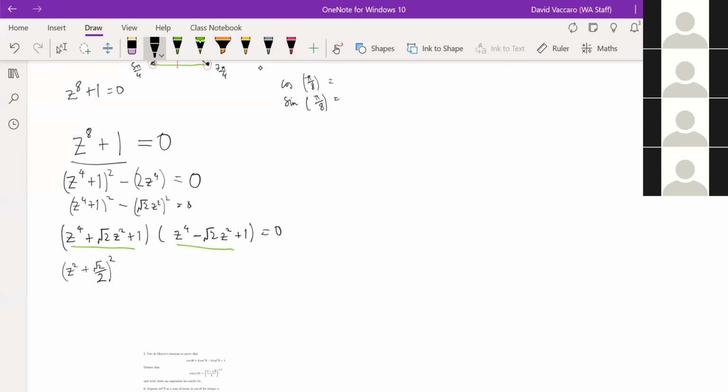That gives me the z to the 4 and the root 2 z squared. No, it gives me two lots of root 2 over 2 z squared, which I need to take away.